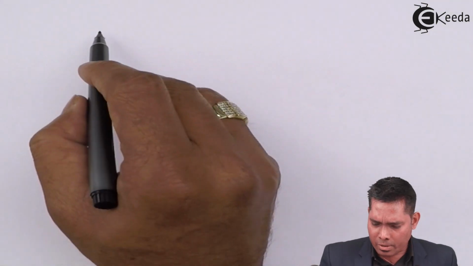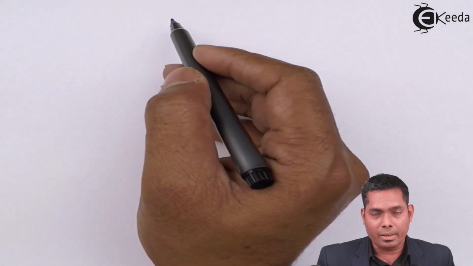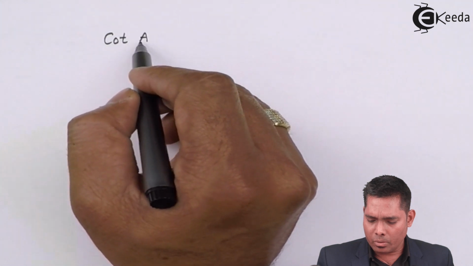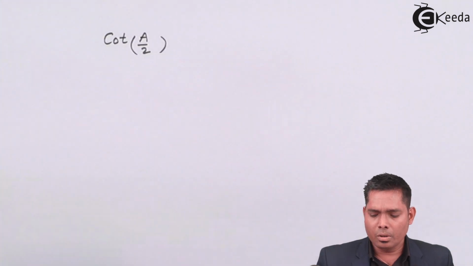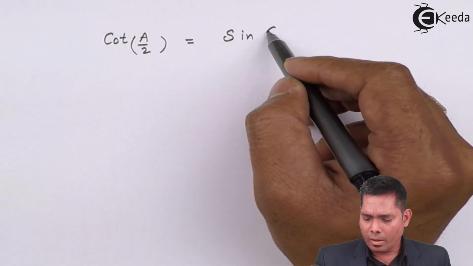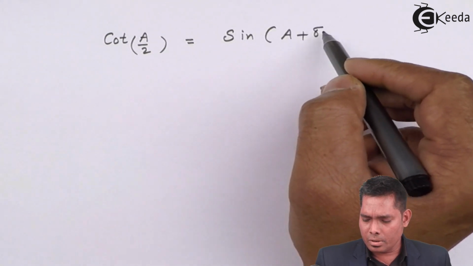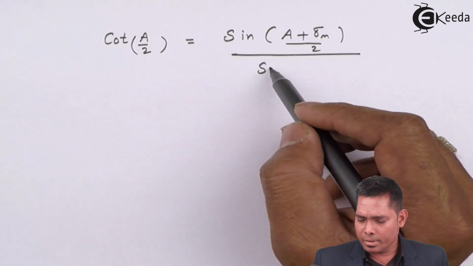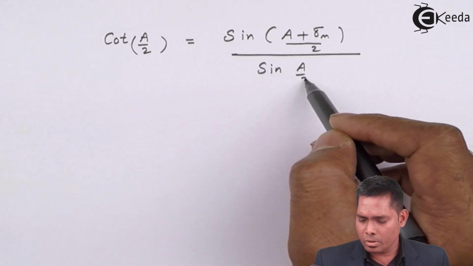Now I'll write mu. What is mu? Mu is given as cot of A by 2. This cot of A by 2 is sine of A plus delta m divided by 2, whole divided by sine of A by 2.